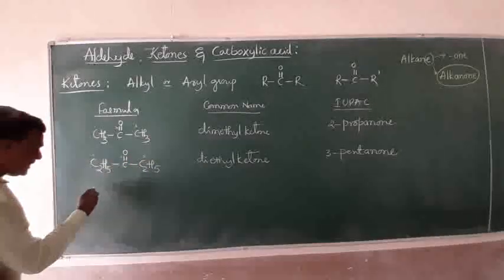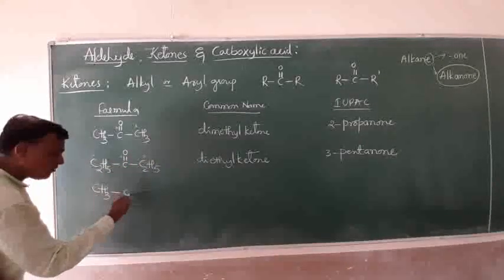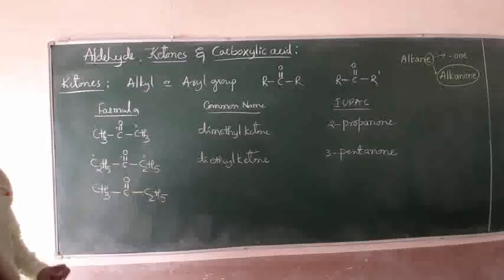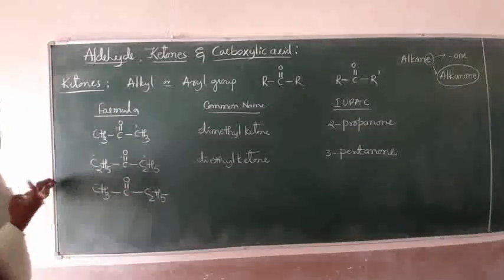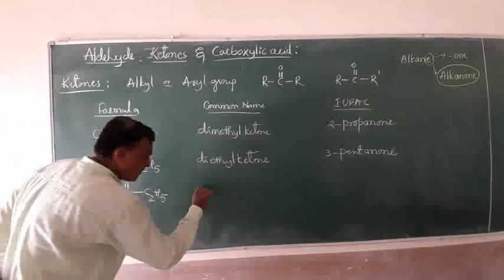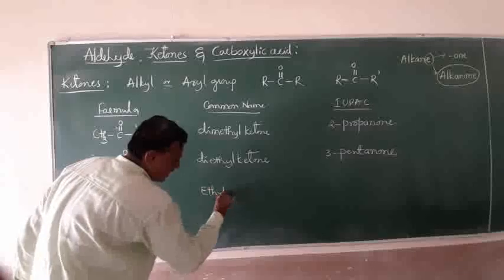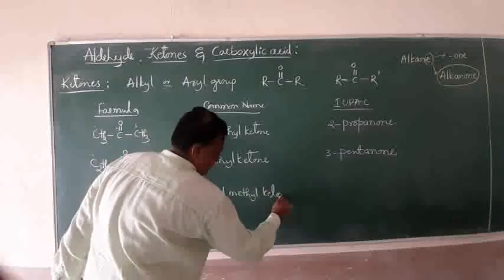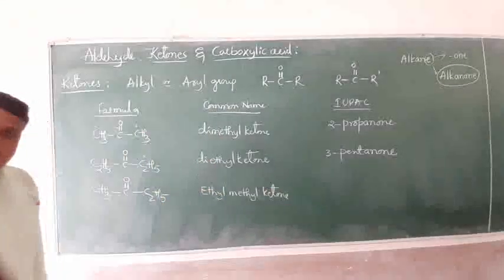Now it is another one. Here this is asymmetric. Based on alphabet, friends, this is the ethyl, this is the methyl ketone. Based on alphabet, we have to mention ethyl methyl ketone.